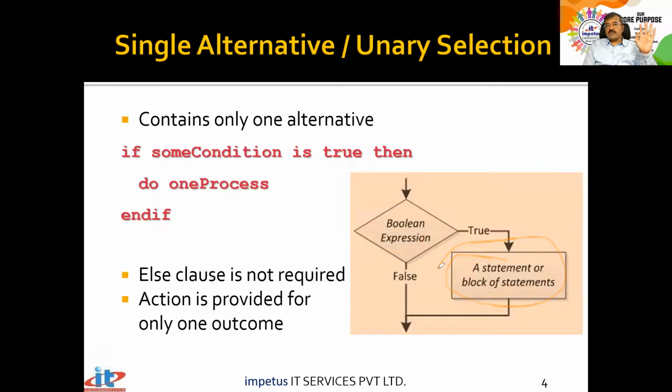Have you understood the problem? It says if some condition is true, then do process and end it. Otherwise, don't do anything. That means execution of these statements depends upon the result of this particular condition. If this condition is true, then do this particular process and end it. If this condition is false, skip the statements that we have written over here and directly go to the next statement after end if.